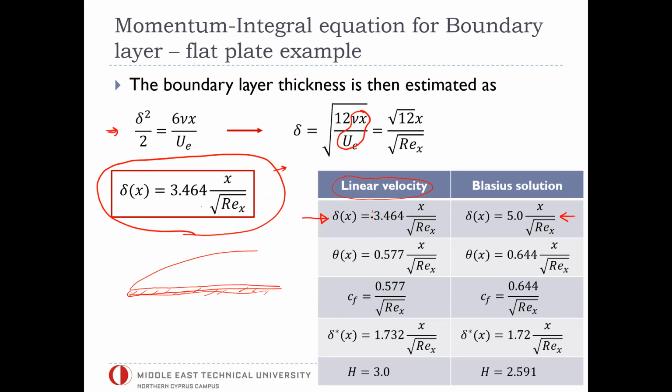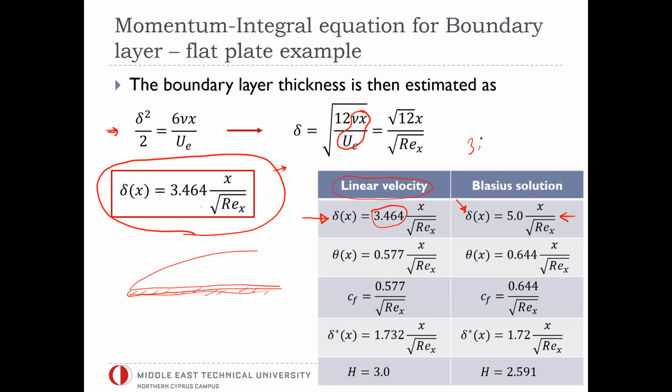This coefficient is a little bit lower, meaning that the delta you estimate by assuming a linear variation will be less than the more realistic value of Blasius. So how much less? You can compare these two coefficients.